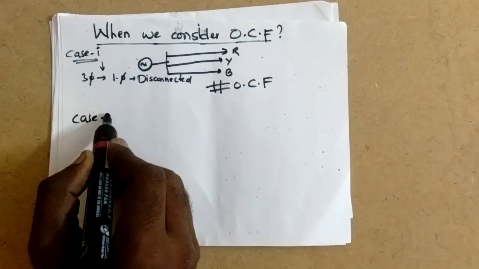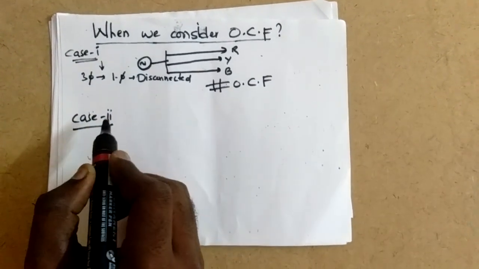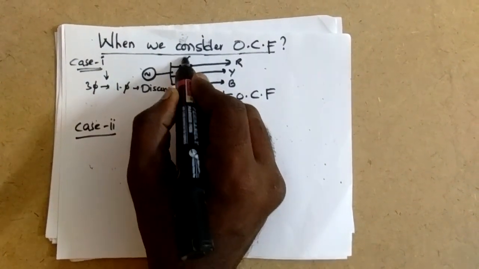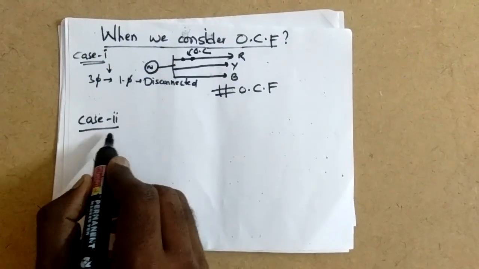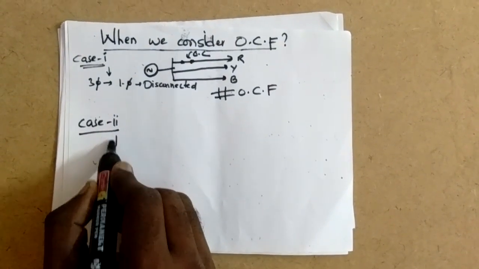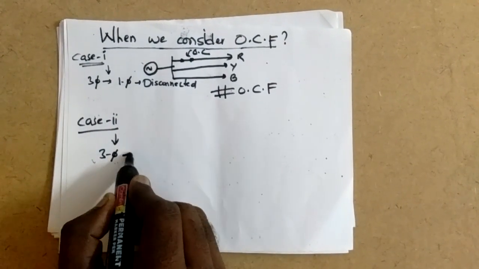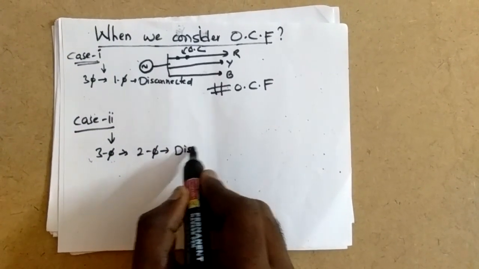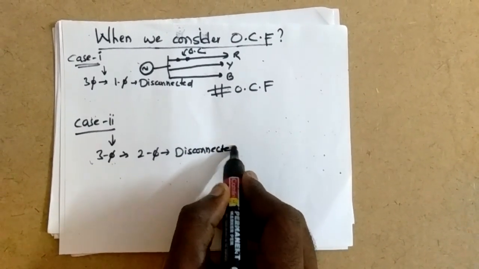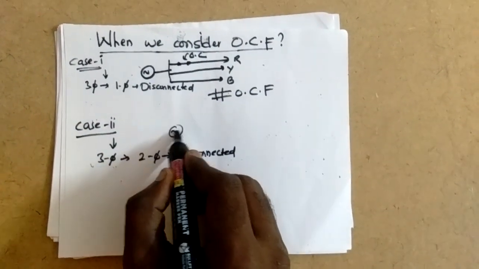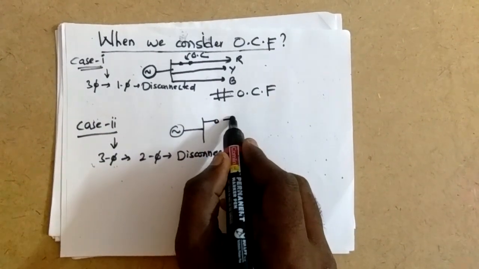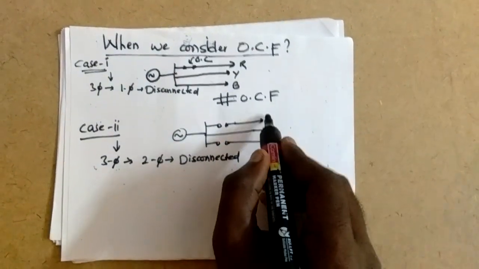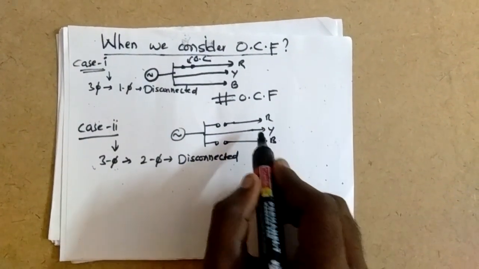Then coming to case 2, let us say here is one open circuit. Out of three phases, if any two phases get disconnected, let us say R and B are open circuited.